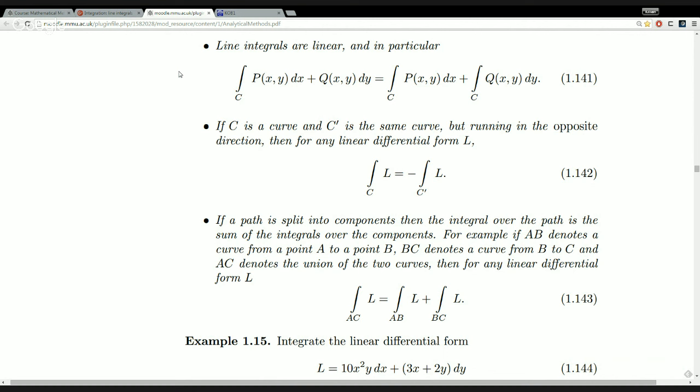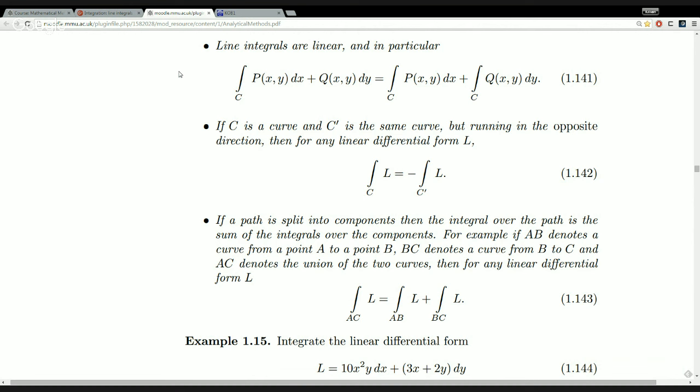If we're integrating along some curve from A to C, we could be considering this object, integrating a linear differential form L along some curve from a start point A to an end point C. If B is any intermediate point along there, then we can split the integration up if we want.